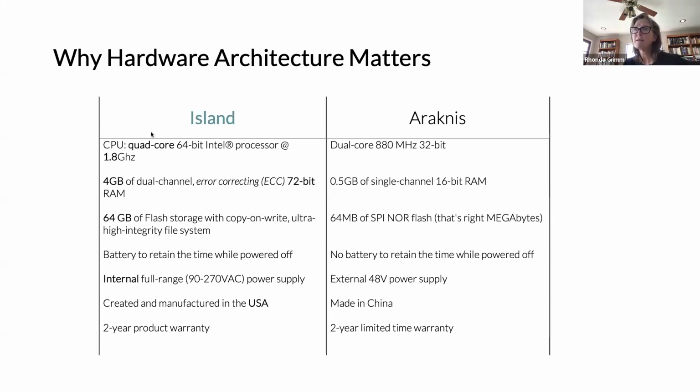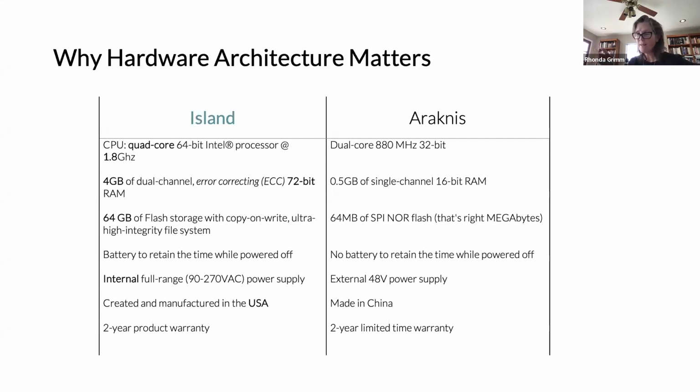Just to give you an example, Island has a quad core 64-bit processor. Ragnus has a dual core, and ours is 1.8 gigahertz. This is 880 megahertz. We got 4 gig of error correcting memory. Remember the packets and trying to detect the errors. We have error correcting memory.